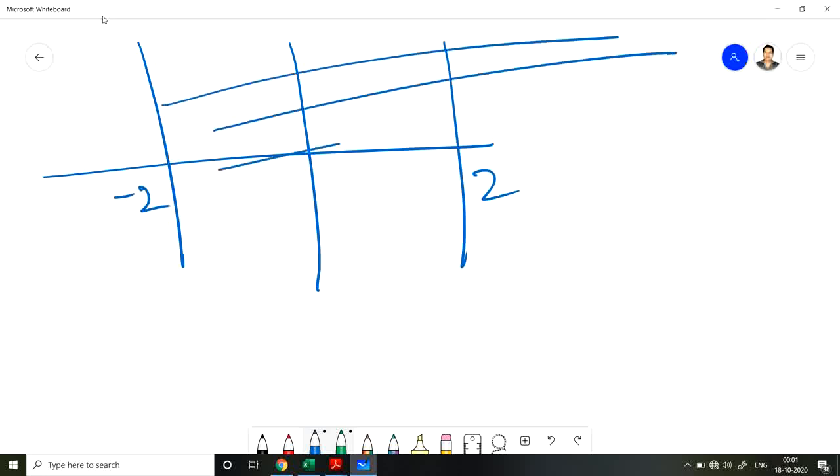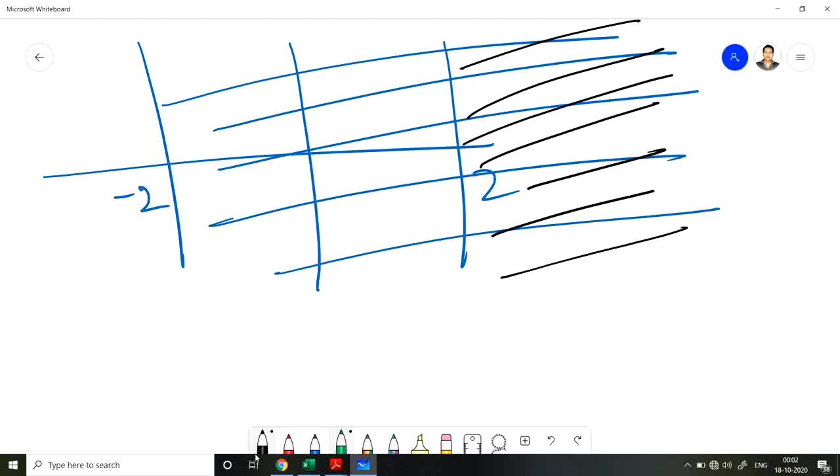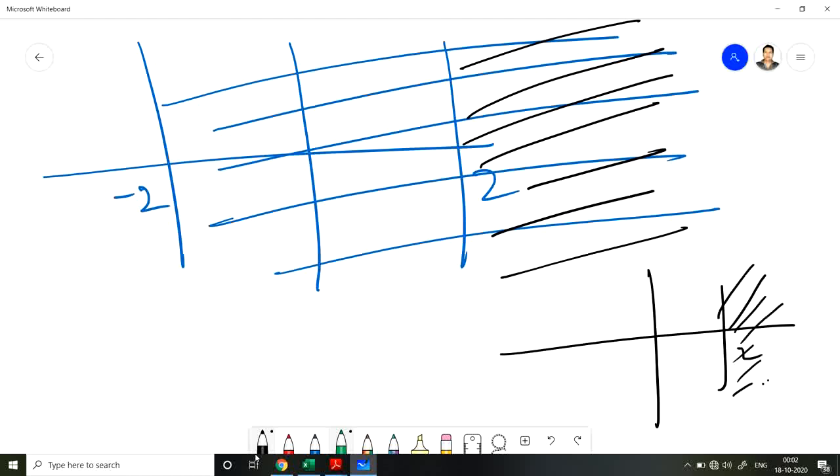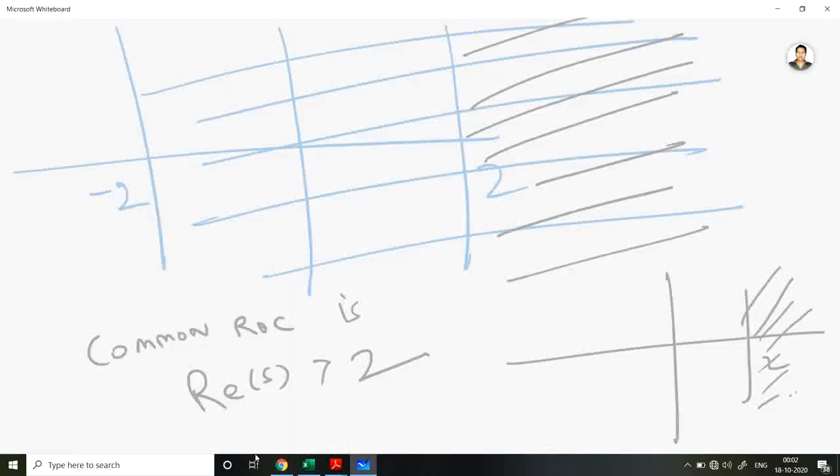So greater than minus 2, then we have greater than 2. So that I have shown in your previous slide, the ROC is basically this common ROC because overlapping is there. So the common ROC is real part of s greater than 2.